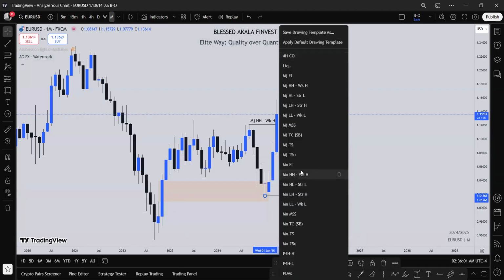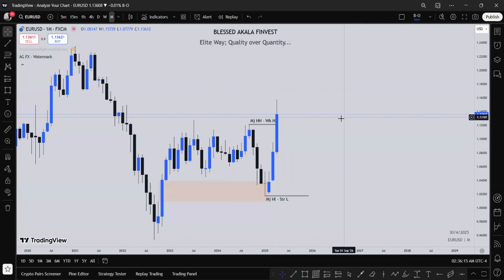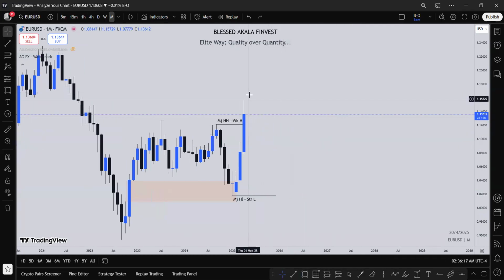So this might be what we'll be capitalizing on for the rest of the year, and we're going to expect massive movement into the highs. So this will be our strong low, and we are anticipating another weak high.